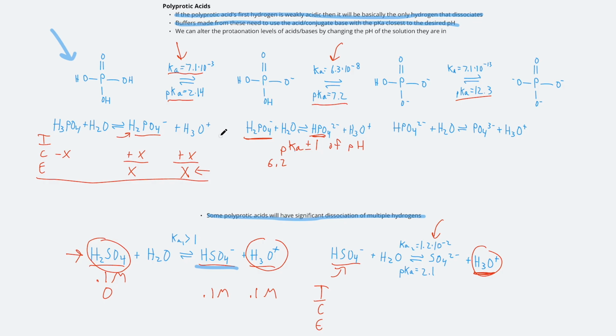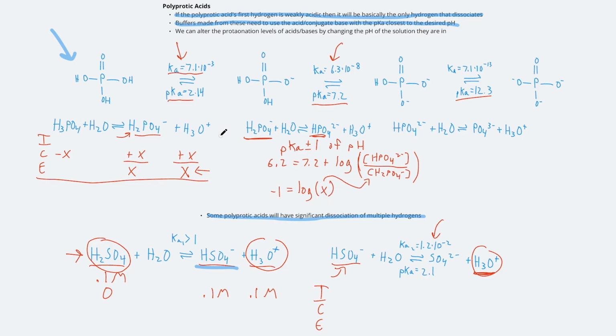So you would do 6.2, because that's the desired pH, equals the pKa of the acid, so 7.2, plus the log of the concentration of your base over your acid. So we end up with -1 equals log, and I'm just going to put x, and remember that x is equal to that ratio.